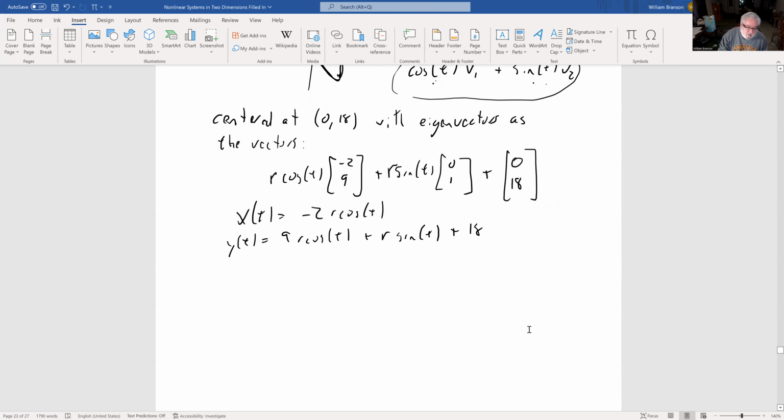So that means we have a nice ellipse centered at 0, 18 with these as its primary axes. So it's going to look something like that.